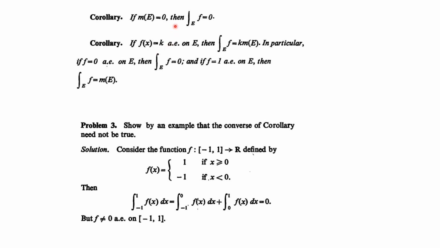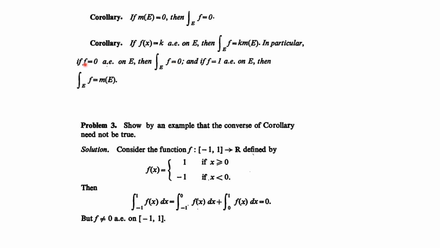In this case, the value of the function is k almost everywhere. So the value of the integral will be, you substitute the value of the function over here, k times the integral of 1. The integral of 1 is nothing but the measure of E. So in particular, if you take f to be 0 almost everywhere, then the integral of f will be 0.